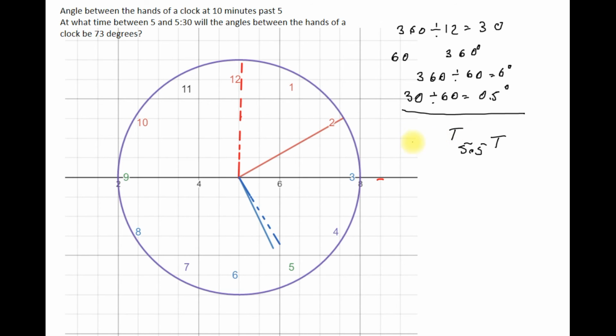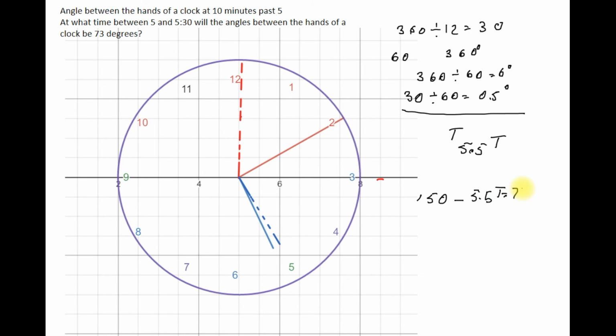So we set up a little equation now. Our equation would be this. 150 is our starting angle at exactly 5 o'clock. So we want to know 150 minus 5.5t.